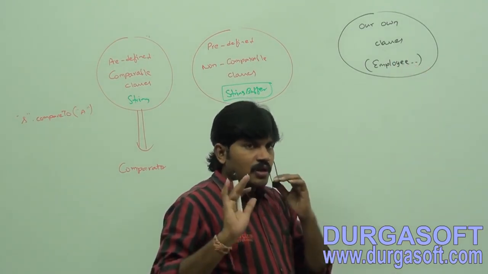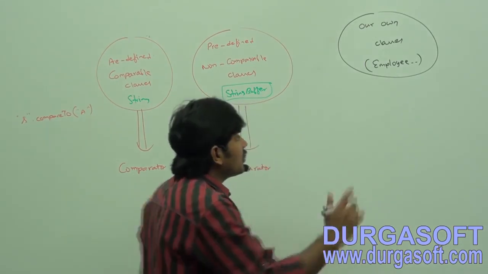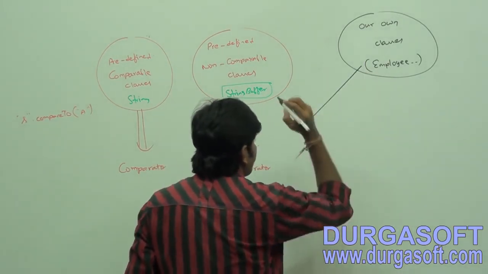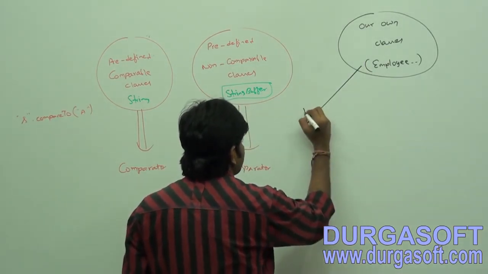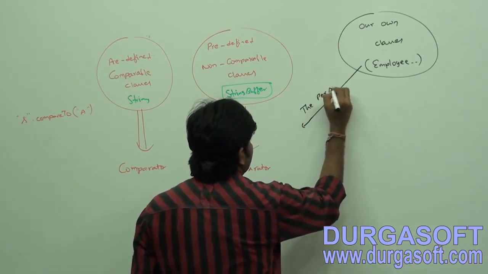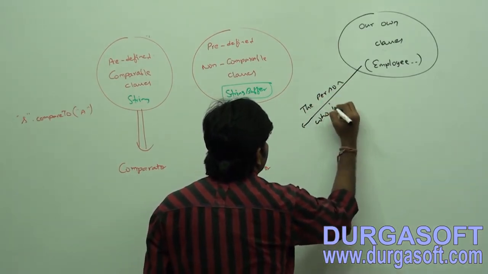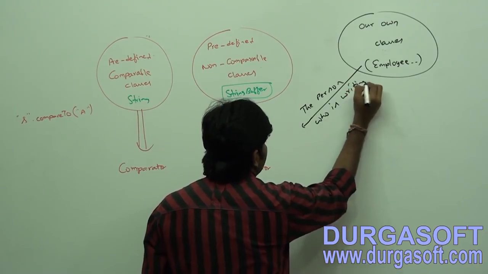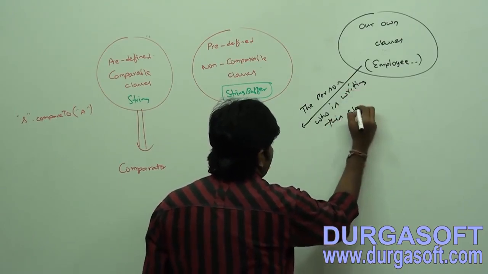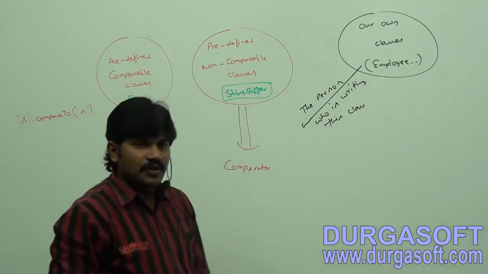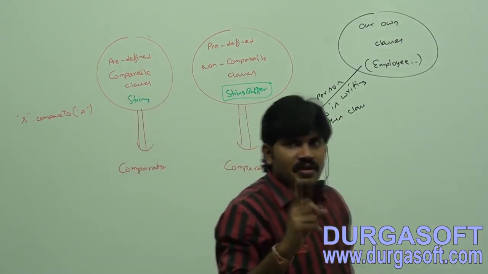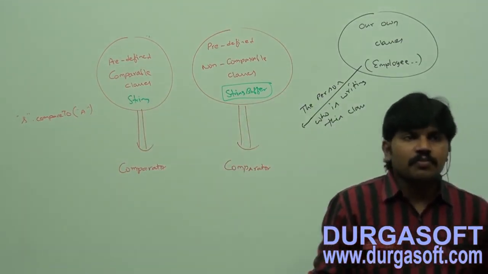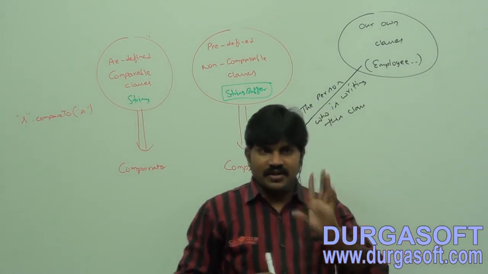Now observe the person who is writing this class. He is responsible to define the default natural sorting order by implementing the Comparable interface.